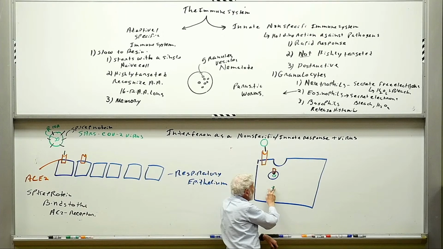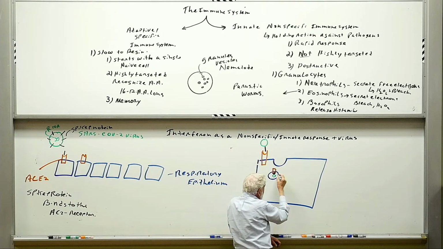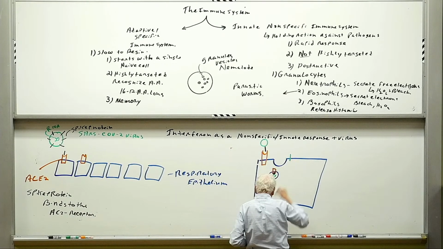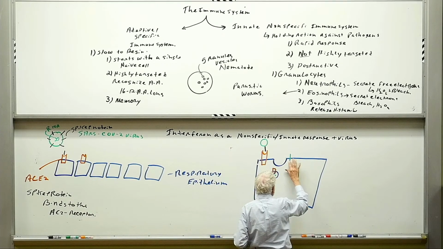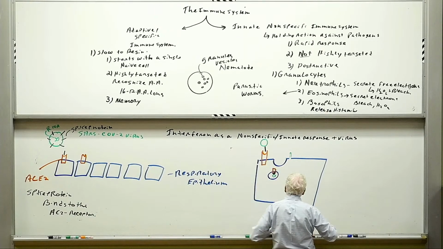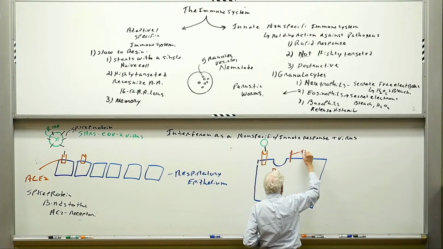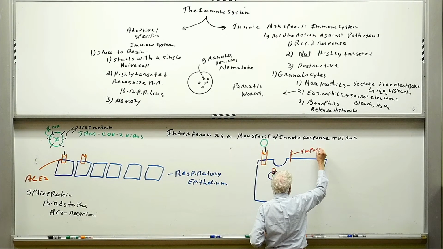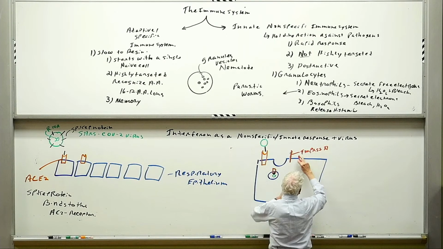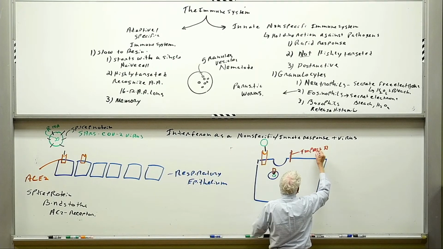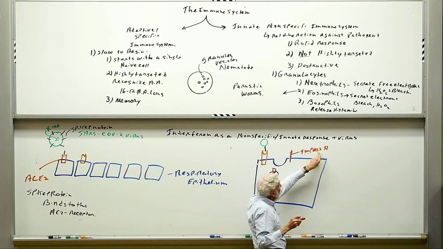But what happens is that there's a transmembrane protein. It's one of our self proteins. I'll put it out here in red. This has a name. It's TMPRSS2, transmembrane protease serine.